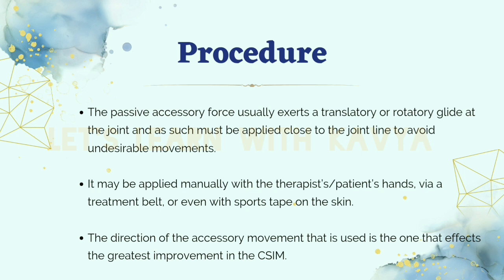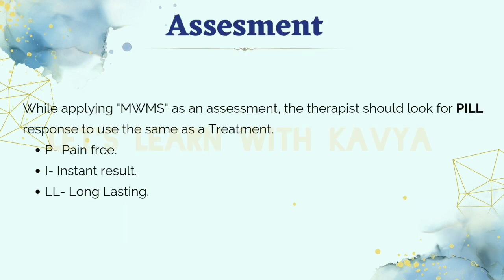The direction of the accessory movement that is used is the one that effects the greatest improvement in the CSIM. While applying MWMs as an assessment, the therapist should look for the PILL response to use the same as a treatment. P for pain-free, I for instant result, and LL for long-lasting response.